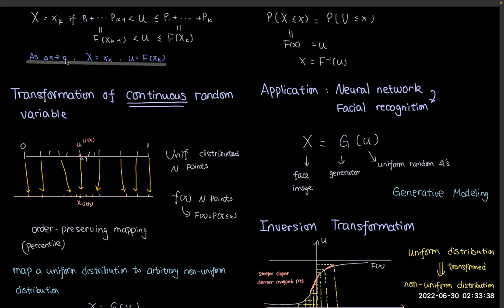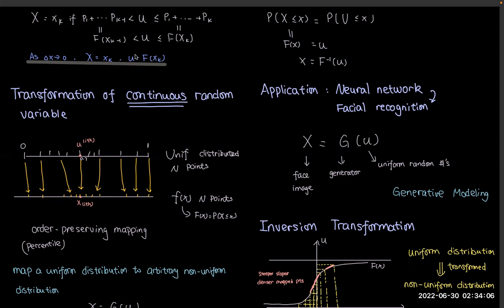Okay, so from here we see that we return this x where F(x) equals u. So x is F inverse of u. Therefore, you can also understand this inversion method from the perspective of discretizing the continuous random variable.